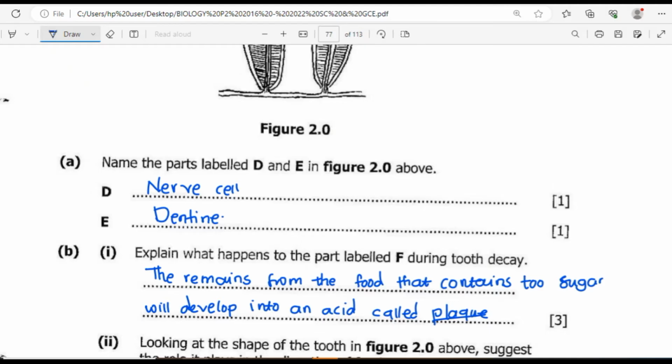So this acid is there because of the remains from the food that we eat. Then after this changes into an acid, it will start to dissolve the part labeled F, which is the enamel.